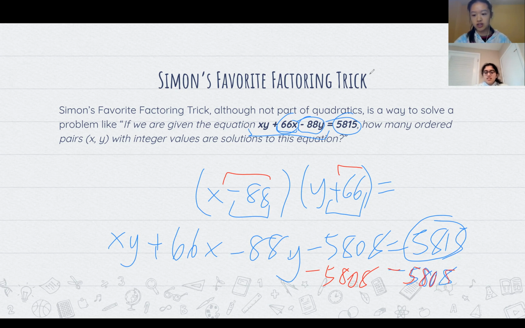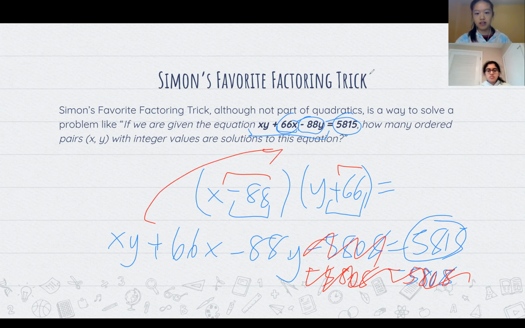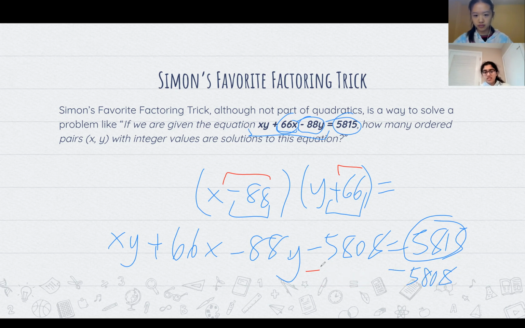So now technically, if you cancel this out and delete it, you're just getting the original equation, right? So we're subtracting this from both sides. We want to get from the original equation to xy plus 66x minus 88y minus 5,808, and to do that, we have to subtract 5,808 from both sides of the equation.